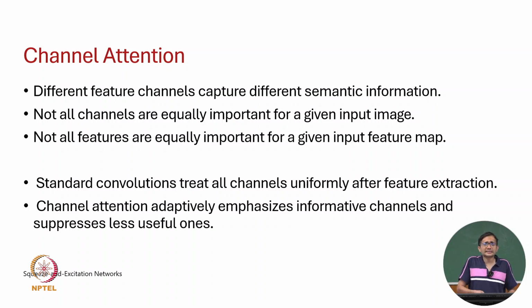Or if you're thinking in terms of the feature maps from one of the layers, not all the features are equally important for a given input feature map. However, the standard convolution treats all the channels uniformly after feature extraction. Channel attention adaptively emphasizes informative channels and suppresses the less useful ones.